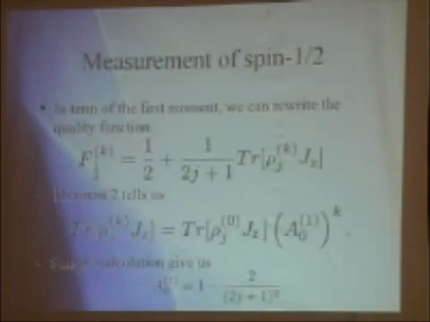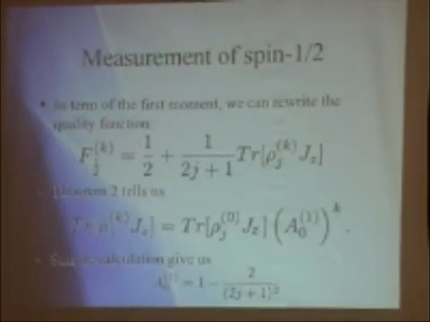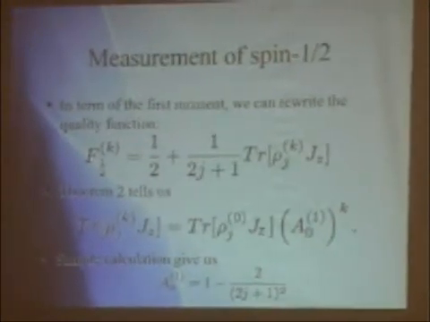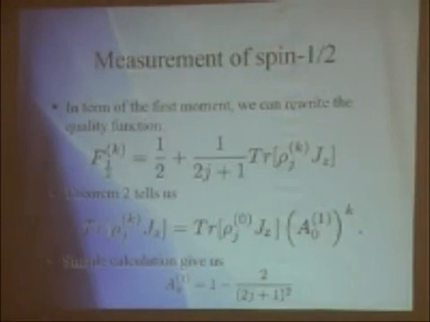It turned out that this probability of guessing is just a function of the first moment. And if you follow theorem 2, the first moment of the quantum reference frame at step k only depends on the first moment of the quantum reference frame at step k minus 1, times a constant.